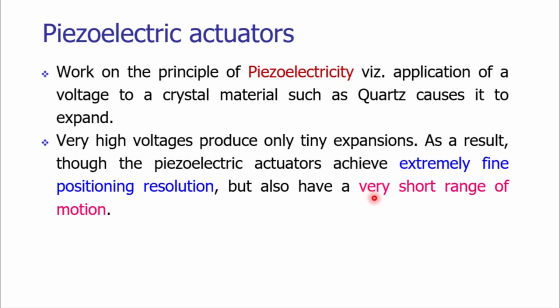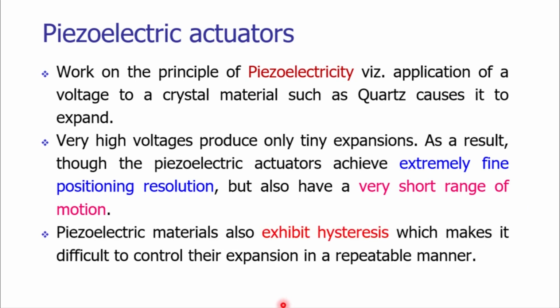But the fundamental limitation of the piezoelectric actuators is the range of motion. These provide a very tiny range of operation, maybe in millimeters. So that's why they are not that popular when we need a long travel of the mechanical elements.